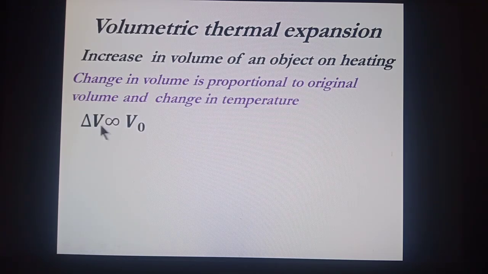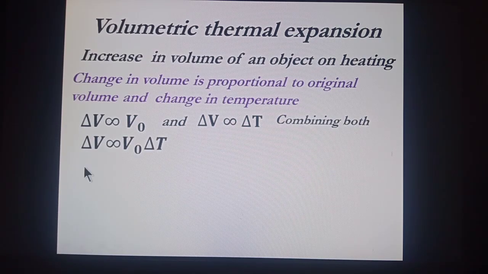Change in volume is directly proportional to original volume, and change in volume is directly proportional to change in temperature. Bigger the object, more is its volume, more it will expand. More is the change in temperature, more will be the change in volume, more will be the volumetric thermal expansion. Now combining these two facts in a single equation, we get a relation like this.